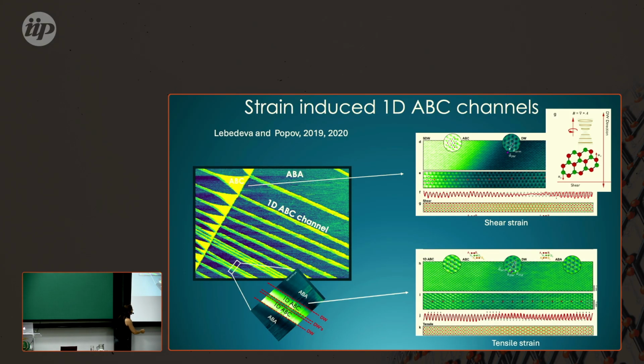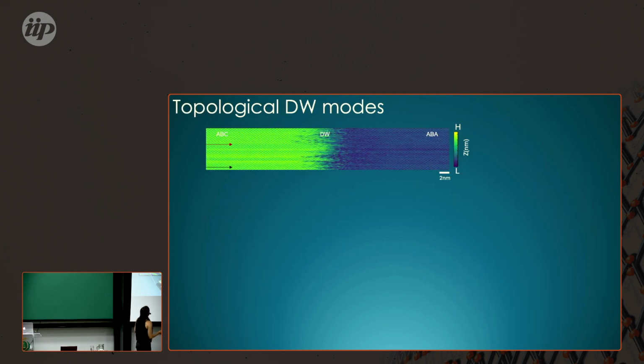Again, doing this analysis with the atomic positions, we found that this is accompanied also by a tensile strain perpendicular to these channels. And this tensile strain effectively plays like a displacement field, and let's see how it affects the band structure.